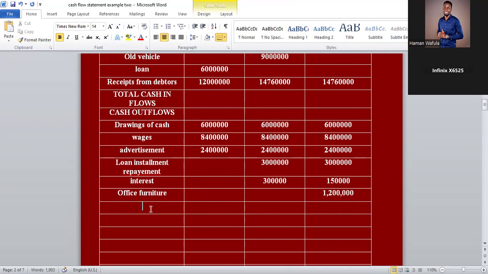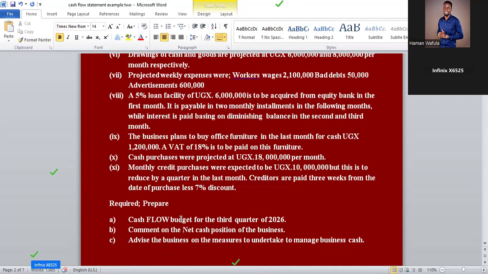Then we shall have the VAT. VAT is 18%. VAT is a tax, so tax in your outflow is 1.2 million. 116,000 is the VAT. Then let's look at another outflow.